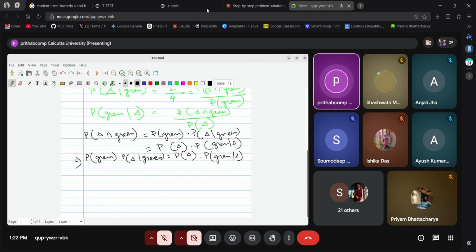And now if you just rearrange them, what does it come out to be? The probability of triangle given green is equal to the probability of green given triangle into the probability of triangle divided by the probability of green.